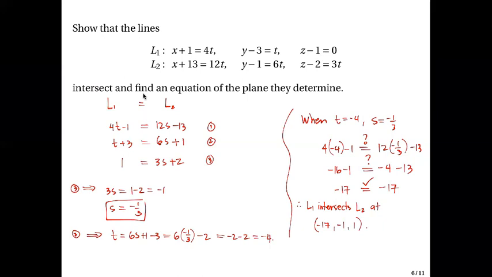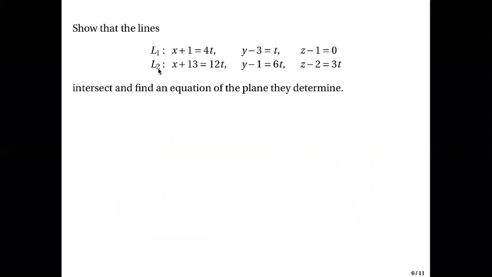And now, for the equation of the plane they determine, we need to get the cross product again of the parallel vector to L1 and the parallel vector to L2. So L1 is parallel to the coefficients of t here as components of the parallel vector.